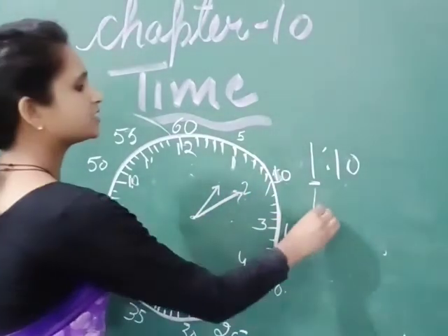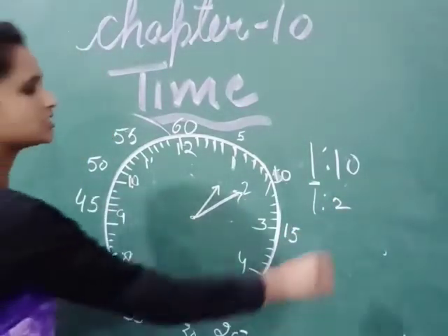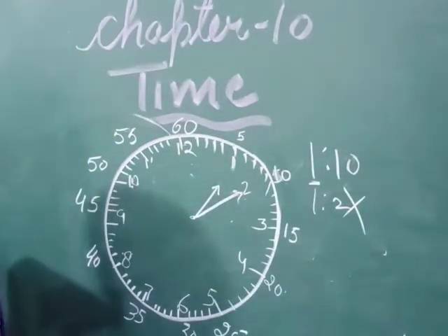We cannot write it as 1:2. This is wrong.